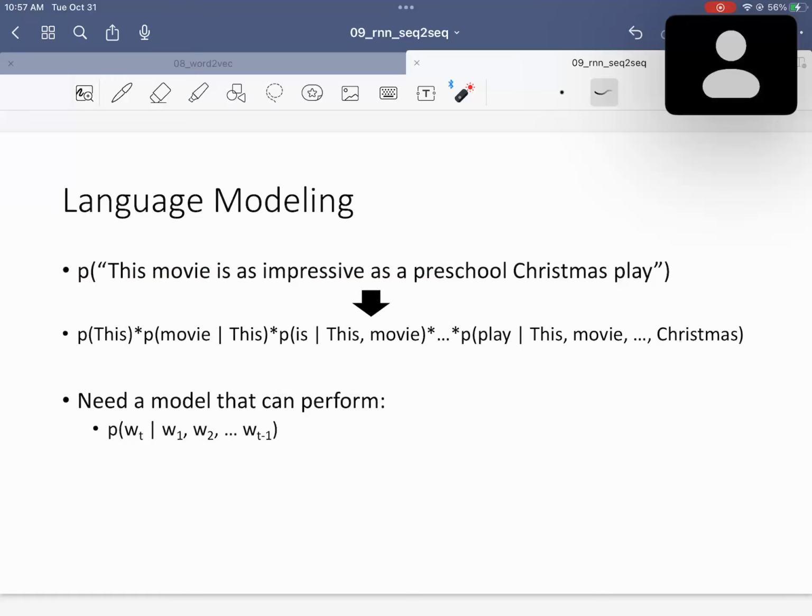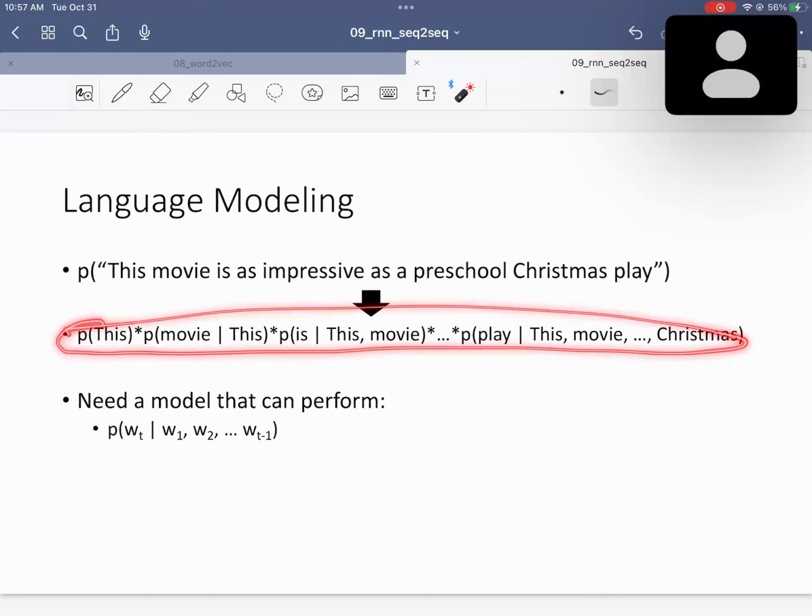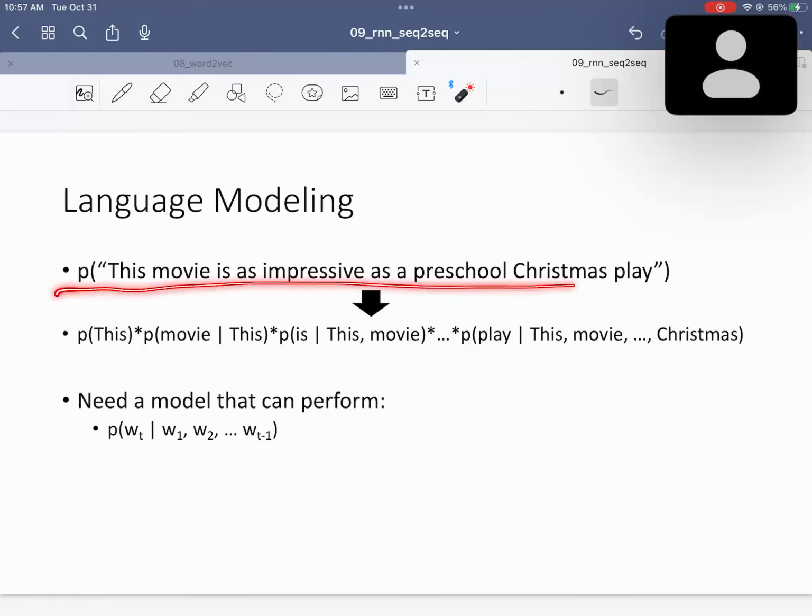So probability of seeing this text, you can break it down into word level. So probability of seeing this sequence of words can be factorized into this: probability of seeing this, probability of seeing movie given this, probability of seeing is given this and movie, probability of seeing play, and so on and so forth. You basically factorize it, and if you multiply this all together, then it is mathematically the same as this guy, right?